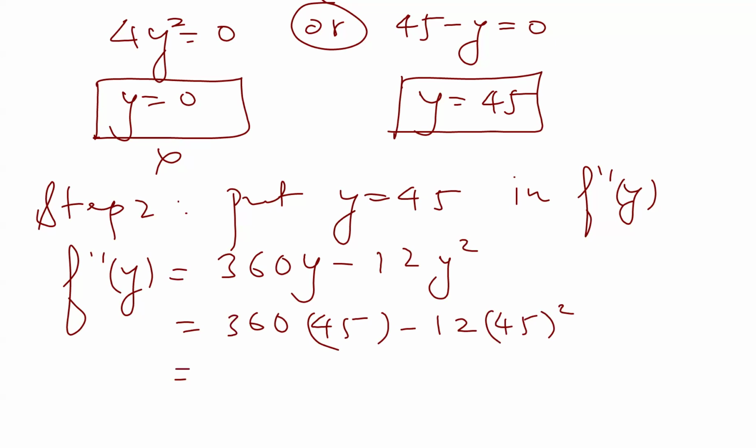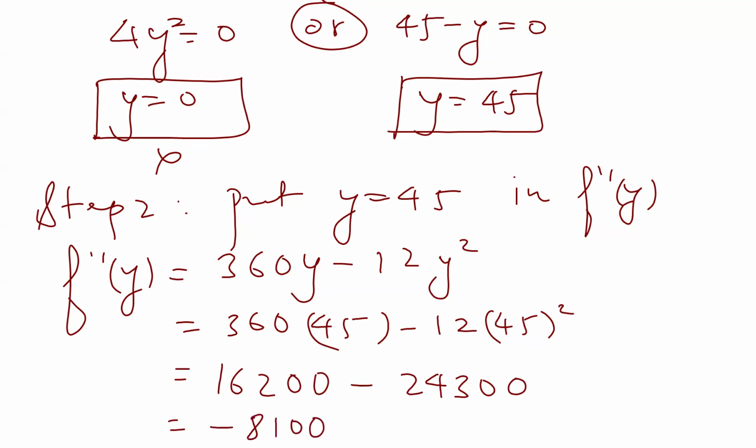So 360 into 45, we have to calculate that first. Let's do that. 16,200 minus 12 into 45 into 45, 24,300. Okay, so just subtract this. Minus 8,100, sorry.